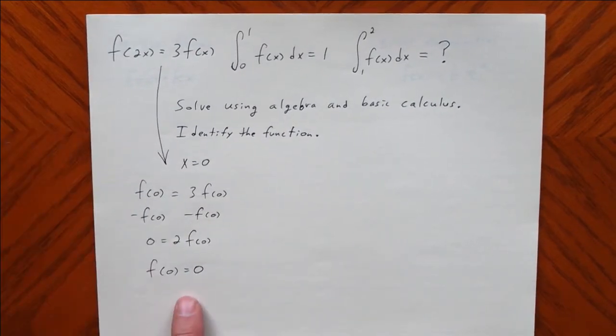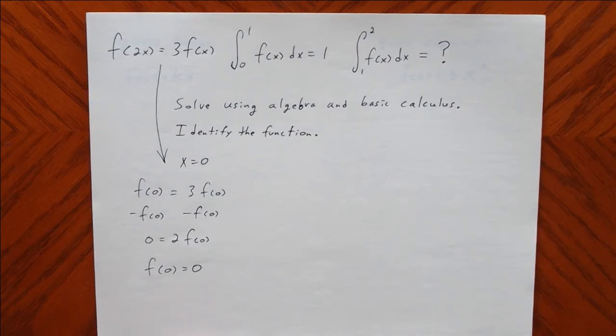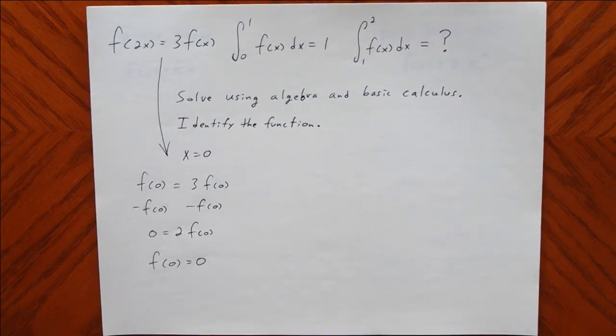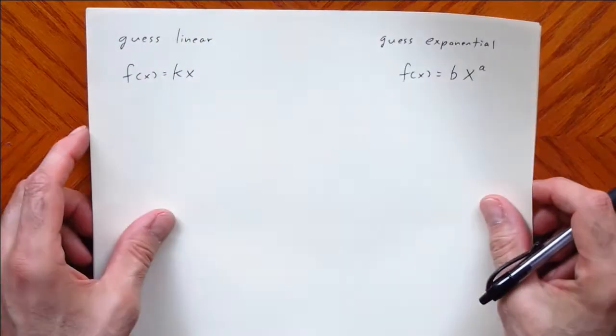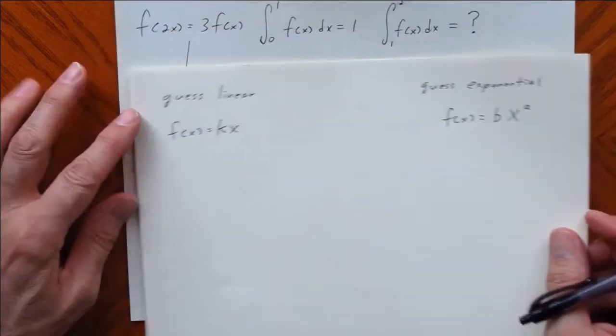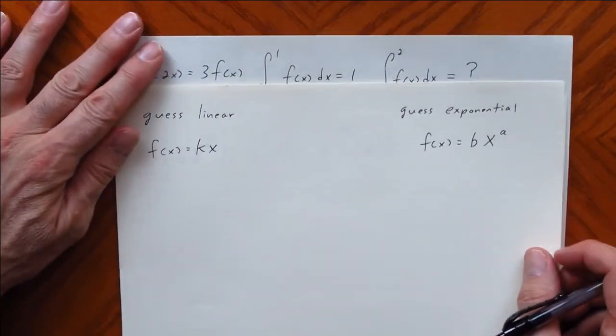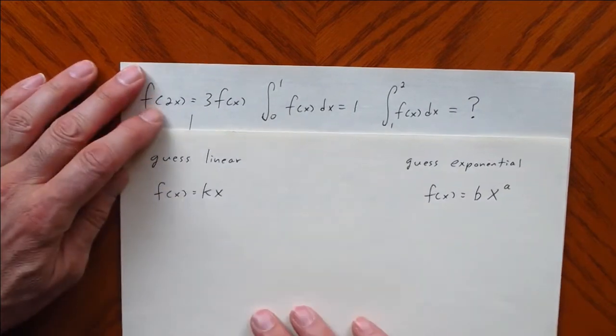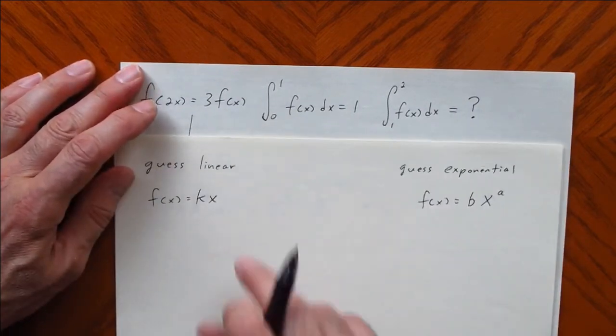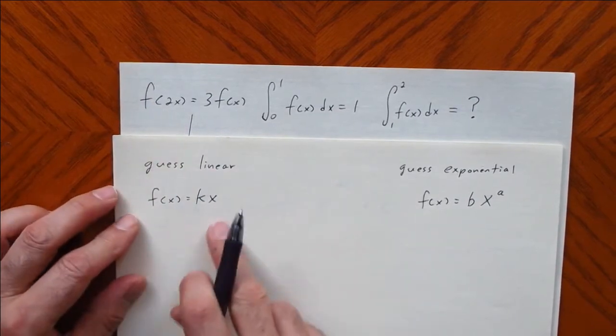If f of 0 is 0, then what could the function be? Well, let's take a couple of guesses. First, let's guess that the function is linear. We don't know, but let's take a guess. If the function's linear, that would mean that f of x is kx.